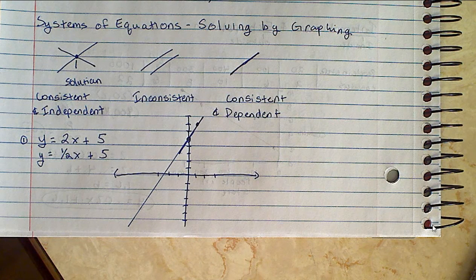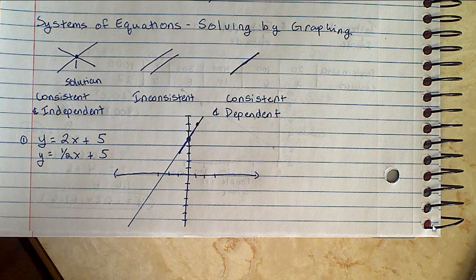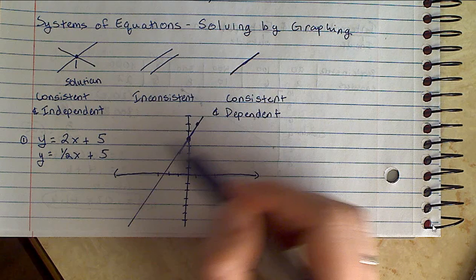I'm not using my ruler on your paper right now, because I did something tricky to this, which you'll see in just a second, but on your assignment you will. Alright, so there's my first line, y equals 2x plus 5, graphed.